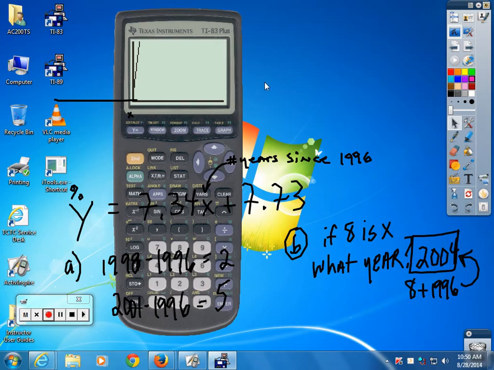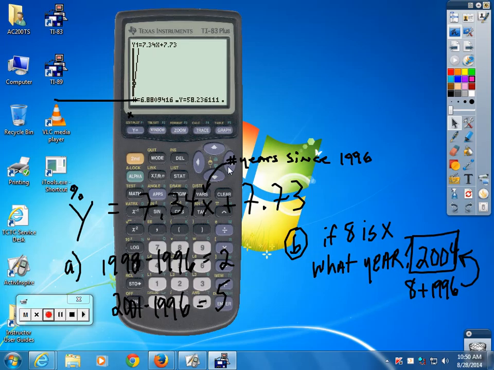And you see right there that you're seeing it a little bit better. And then you can hit trace, and you can move on and just blow it up. There it is.